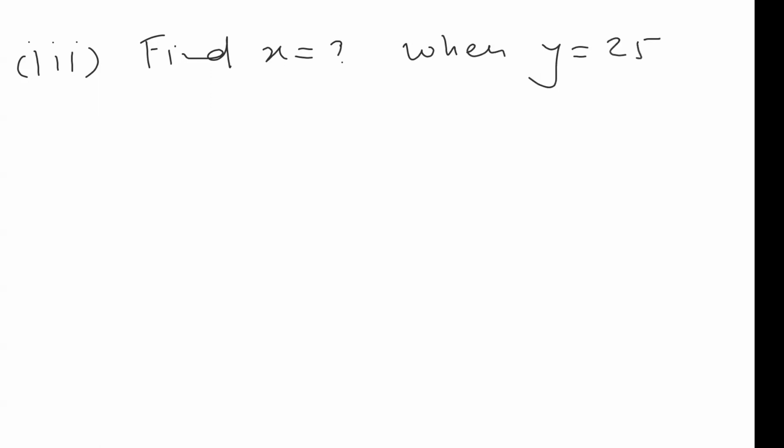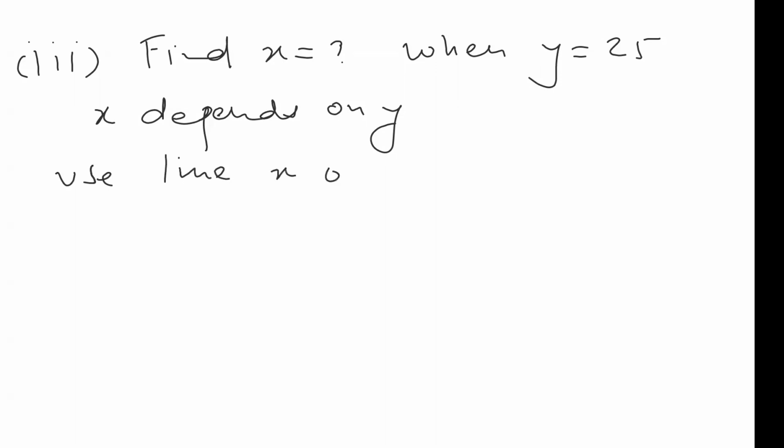So y value is known to us, x value is unknown. So if x value is unknown, x becomes the dependent variable. X is dependent on y because its value is unknown. So x depends on y. So when x depends on y, okay, use line x on y. Use line x on y. Okay.